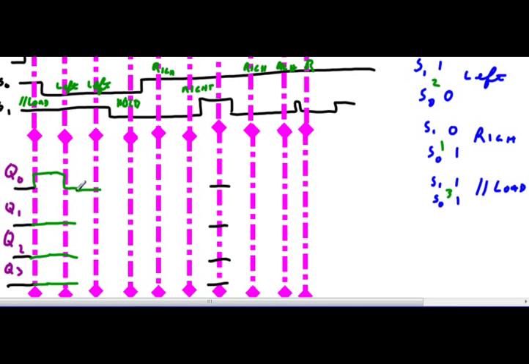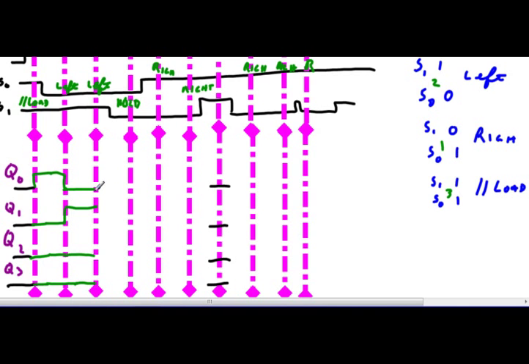Left shift. Oh, dummy. Good thing I don't have to erase everything. Okay, I do a left shift. Q0 goes to Q1, Q1 goes to Q2, and Q2 goes to Q3.